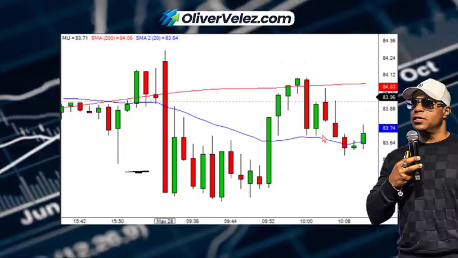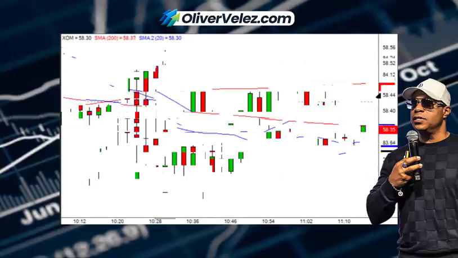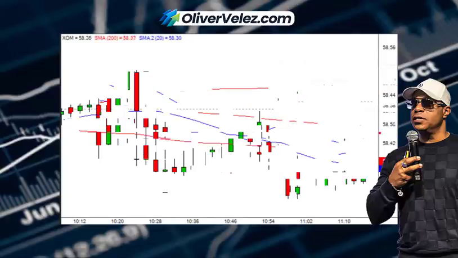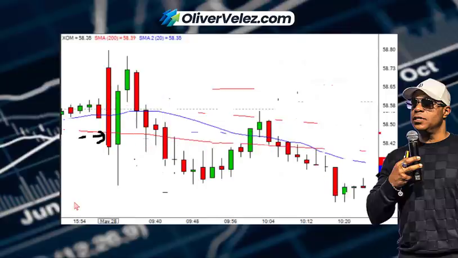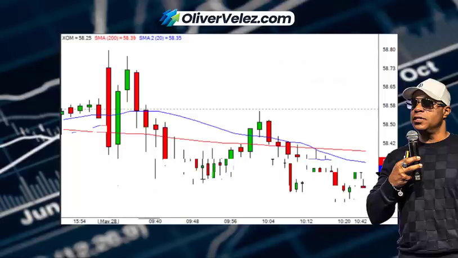I want to flip back to the XOM so you can see it. XOM. Look at that first bar. All right. Now it gets below the 200, but I prefer us to just be mostly under everything when I'm shorting.